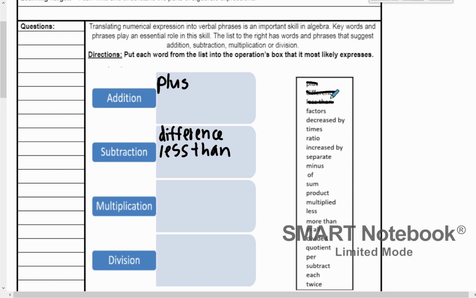Factors. So factors are numbers that are multiplied together. So a factor is multiplication. Decreased by. So 10 decreased by 2 is again going to be subtraction.